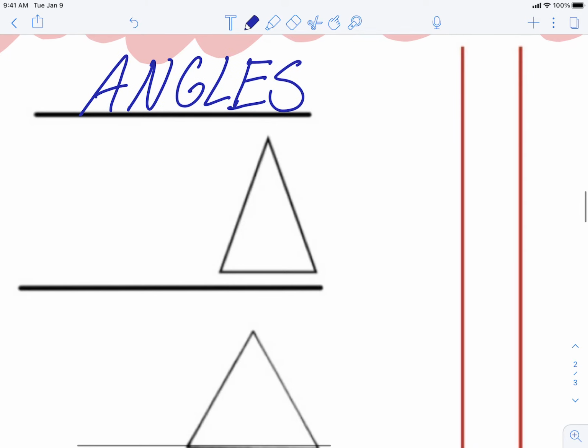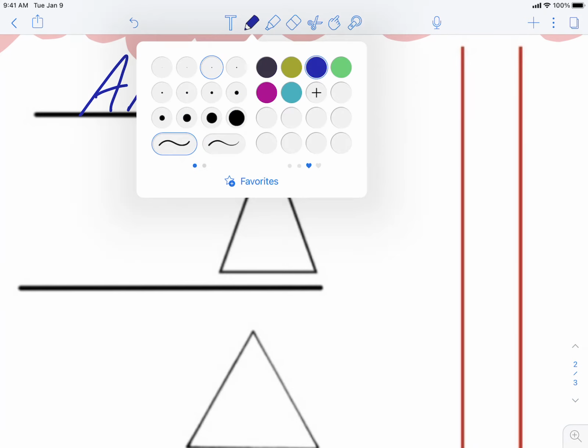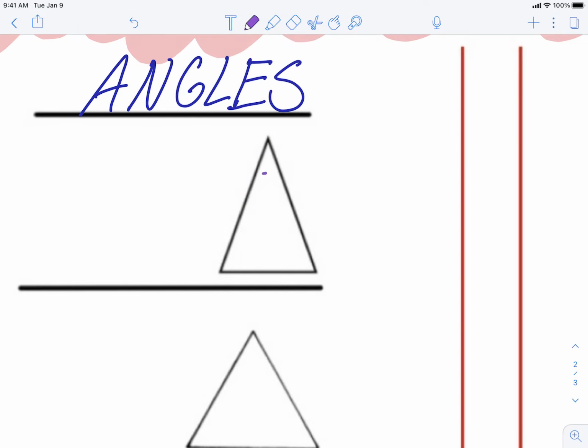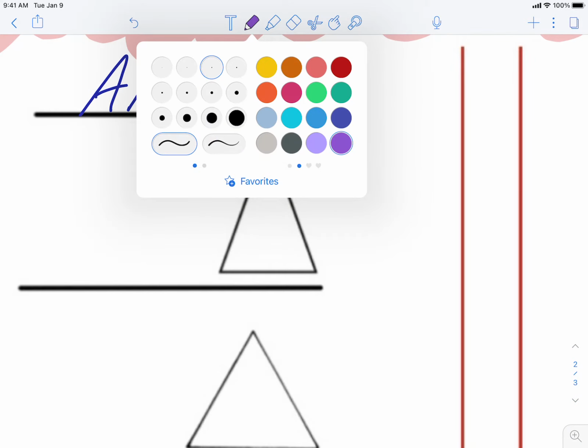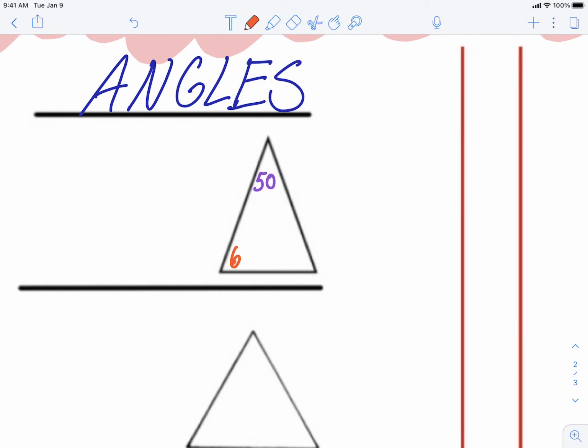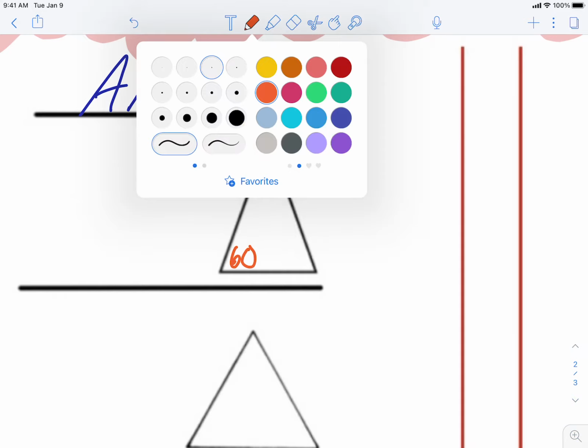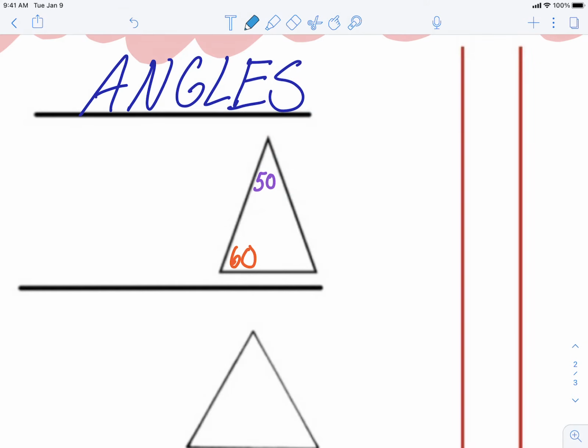So the first way we're going to identify triangles here is we're going to see within these triangles, if we have this, for example, what do we notice about those triangles? We notice that they were all less than 90 degrees. Did you notice that?